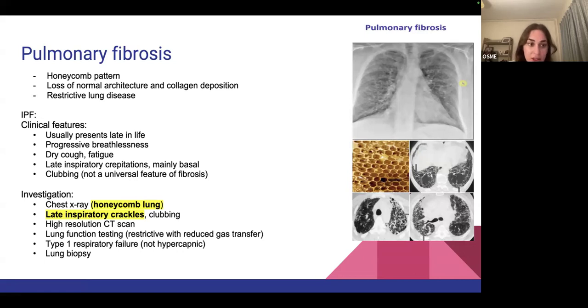This can be idiopathic, but while it occurs throughout life, patients will only really present later on with this progressive breathlessness. A key thing will be these late inspiratory crepitations in the basal regions. And the question will again mention this whole thing about a honeycomb lung.